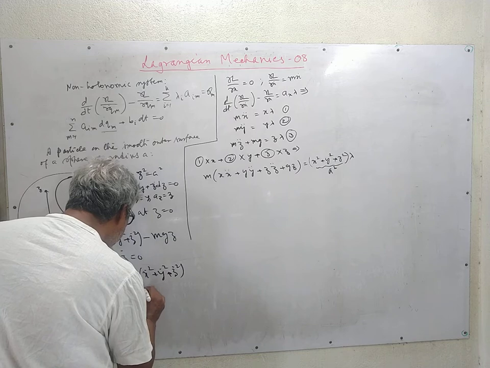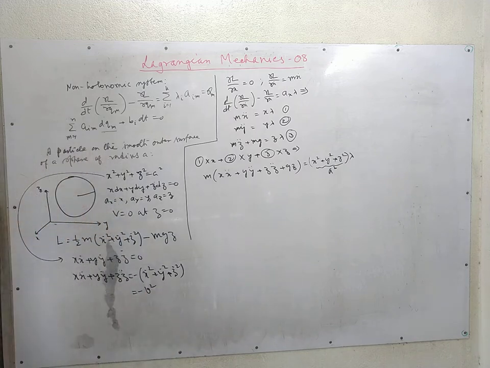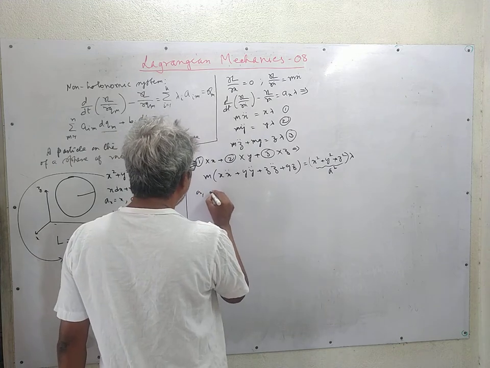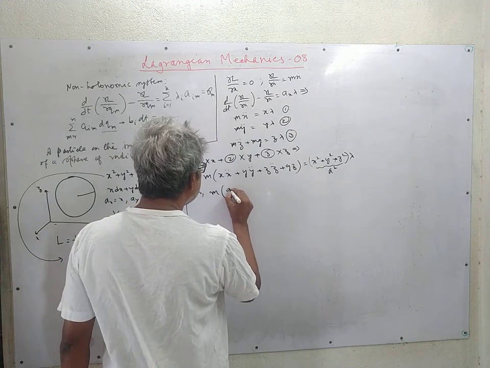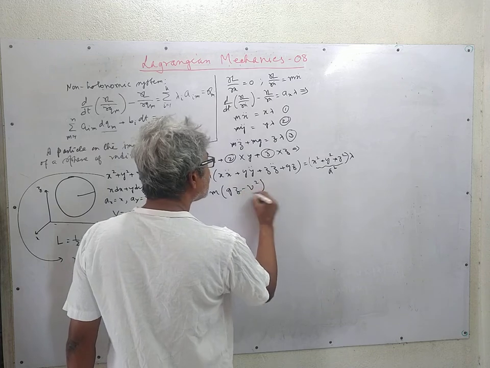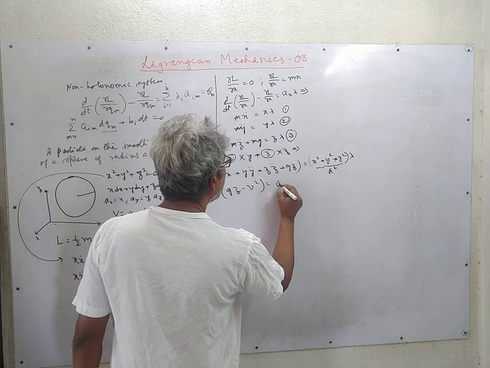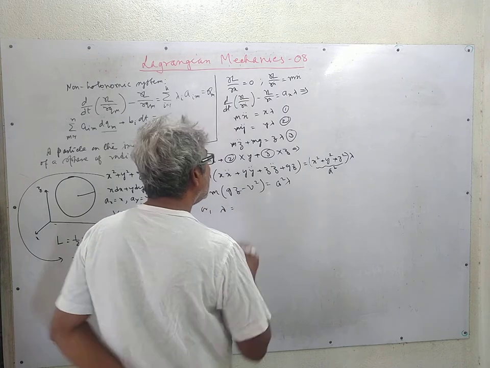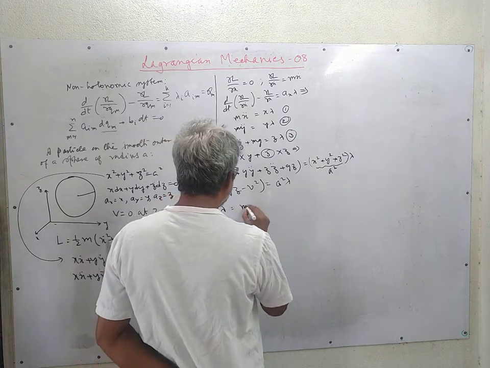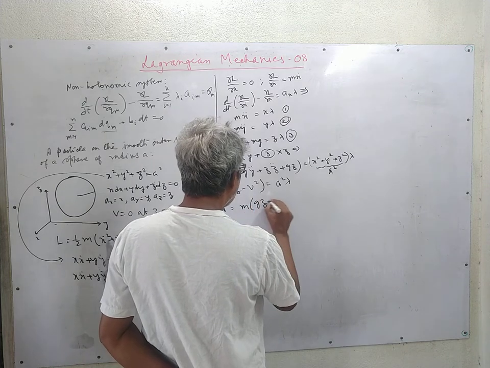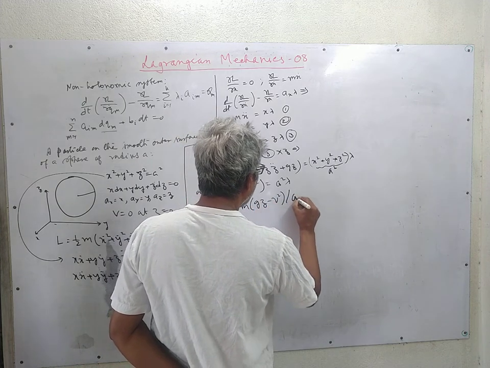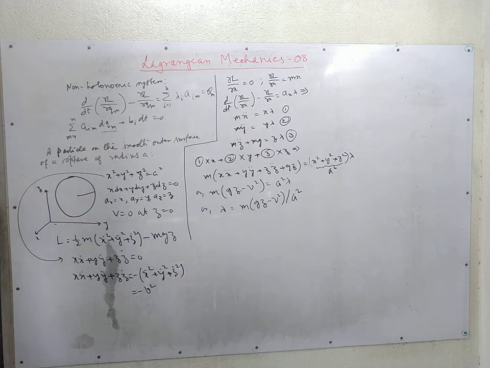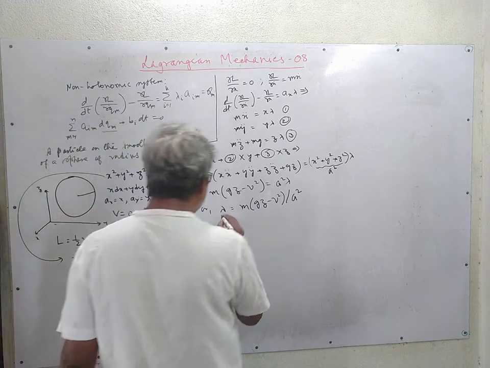So this is simply minus v squared, where v is the velocity. So this term gives mgz minus m v squared equal to a squared lambda. Or we can find lambda, which is the force of constraint.